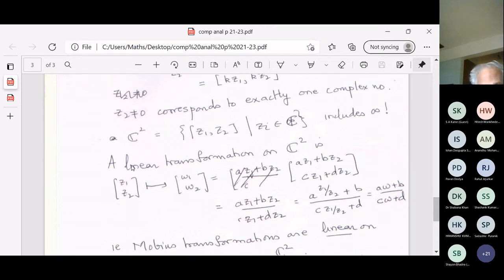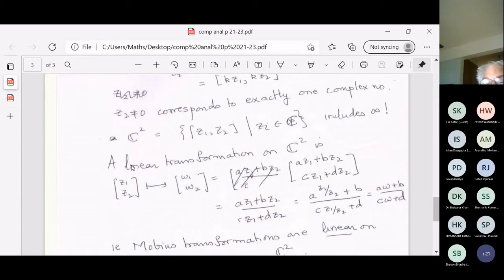And what is w1 w2 in terms of z1 z2? The pair w1 w2 is the pair az1 plus bz2. Let me say this again. The linear transformation on C2 is z1 z2 going to w1 w2.